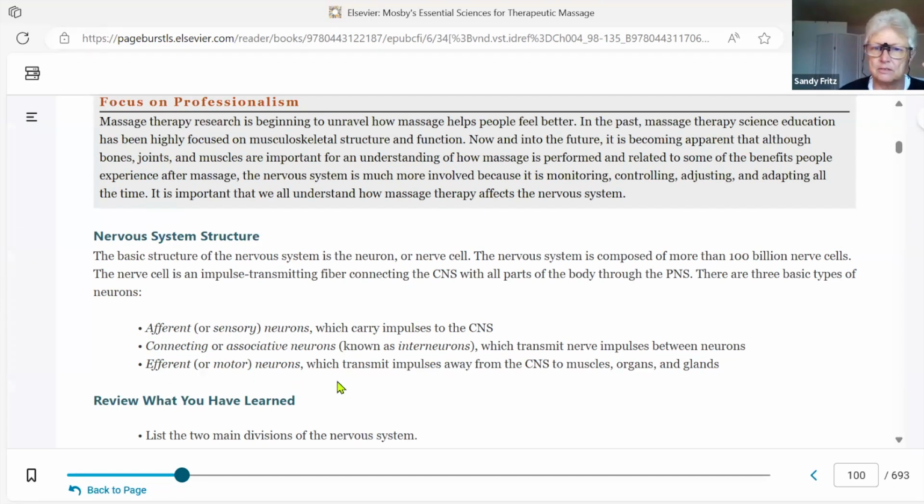And then once a decision is made, either in the spinal cord or in the lower brainstem or up into the higher functioning areas of the brain, the message to respond, to restore homeostasis, is coming down the efferent or motor neurons. So A first, afferent, then it connects. So it follows the alphabet a little bit, A, C, E. And then the last part of the sequence is the efferent or the motor.